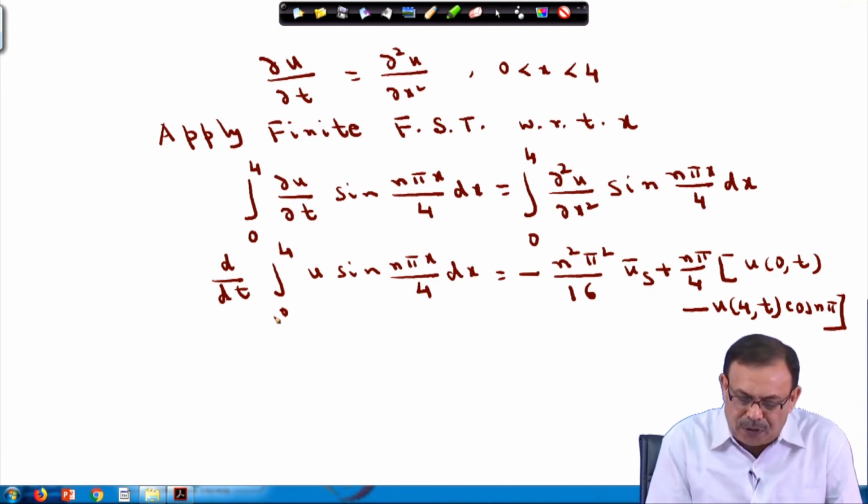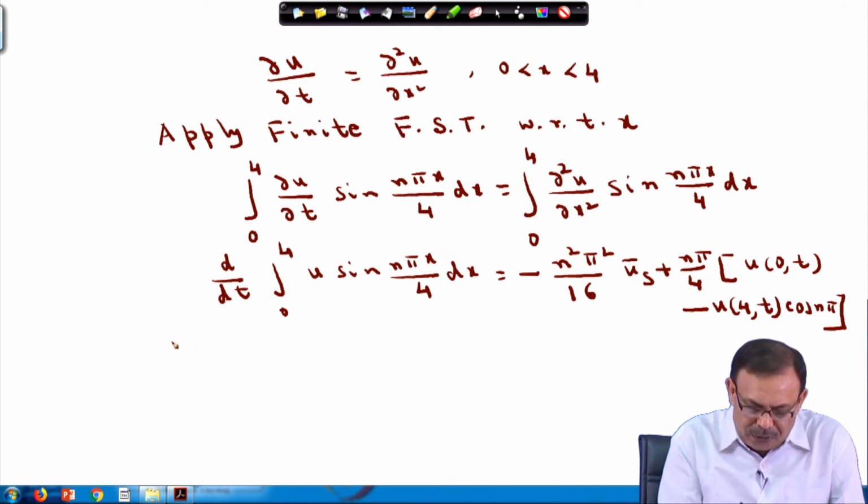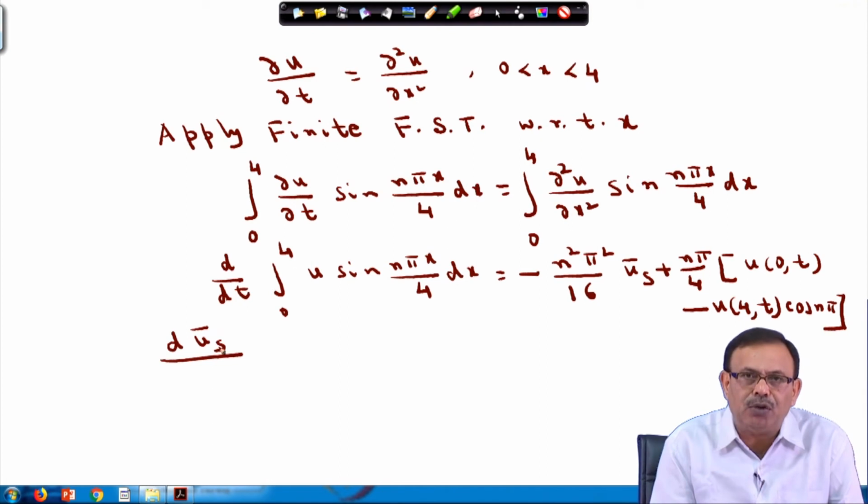Now, on the left hand side, integral from 0 to 4 of u sin(n pi x by 4) dx is nothing but u bar s, that is the finite Fourier sine transform of u. So, on the left hand side we can write d u bar s by dt, where s denotes that u bar s is the finite Fourier sine transform with respect to x.